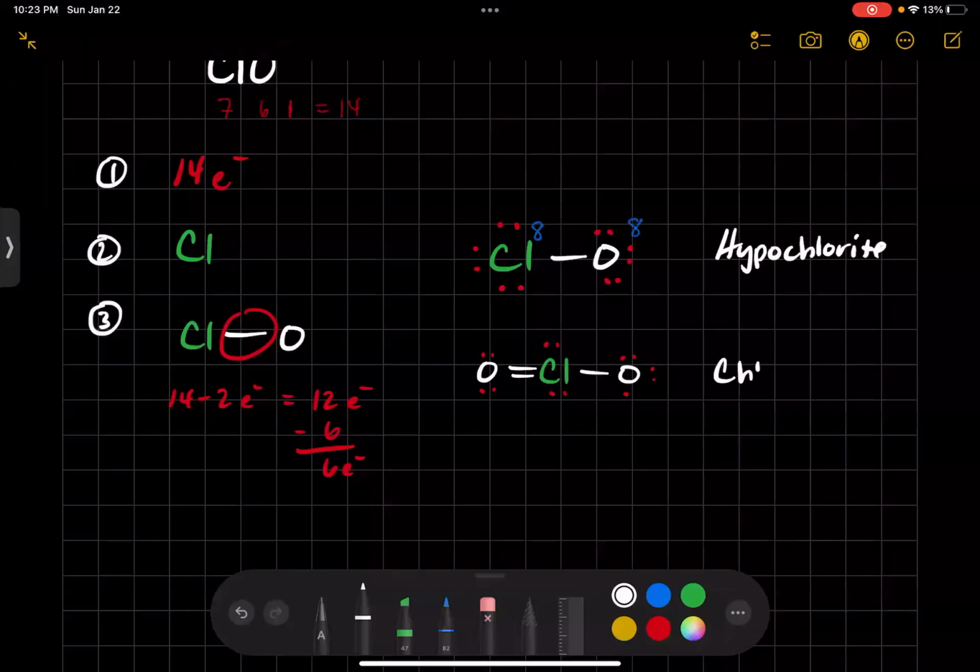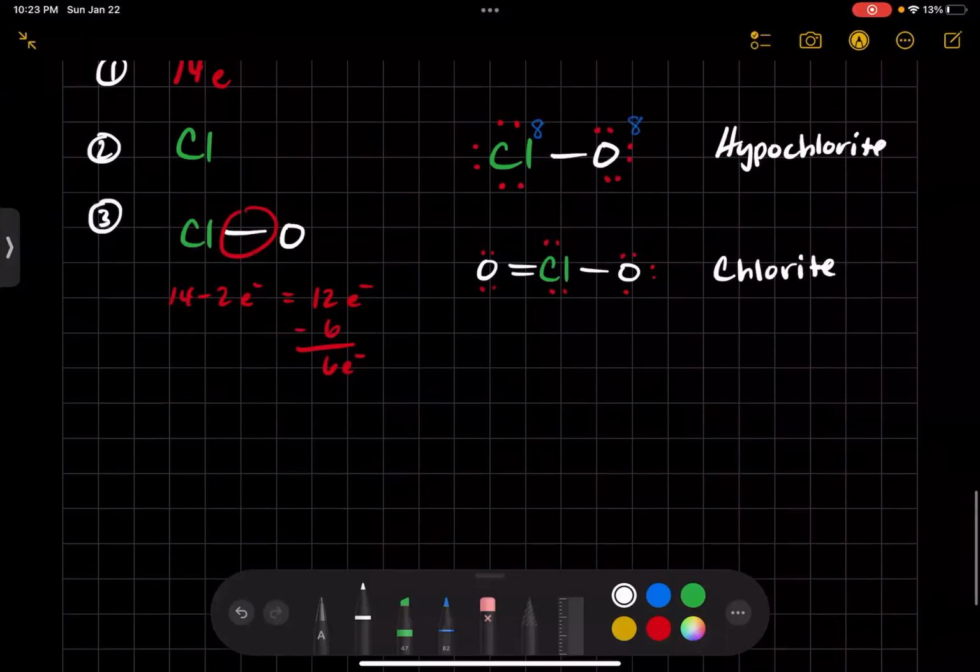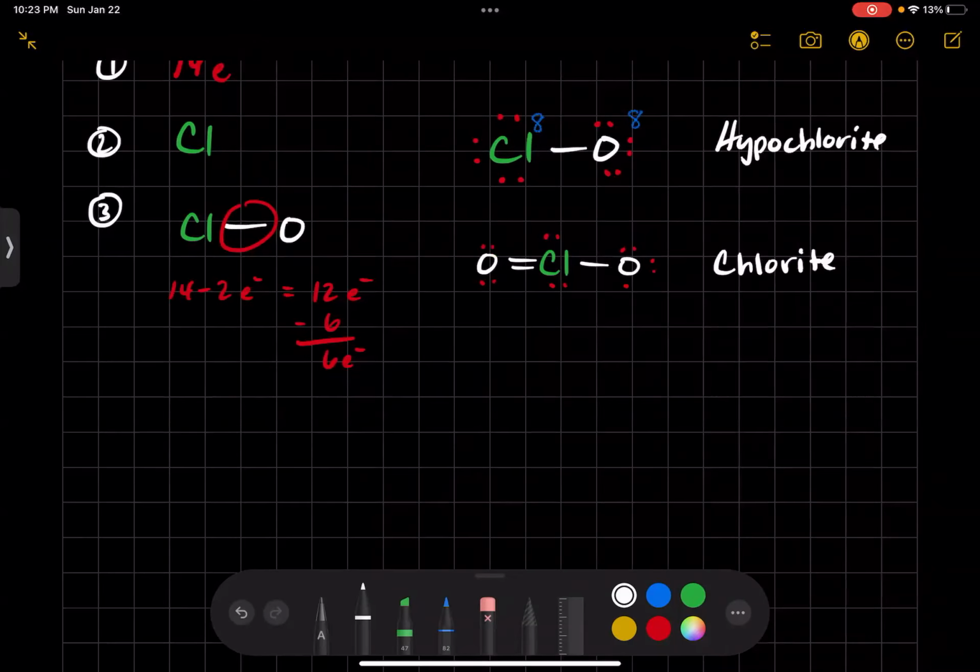This is chlorite. In both cases, chlorine feels like it has 1, 2, 3, 4, 5, 6, 7. In the case of hypochlorite, chlorine obeys the octet rule, in which it has a total of 8 electrons. In the case of chlorite, chlorine has an expanded octet. It has more than 8 electrons in its valence shell.